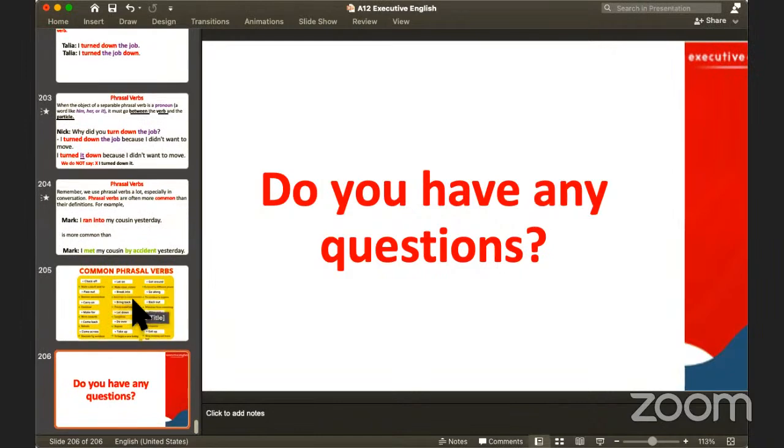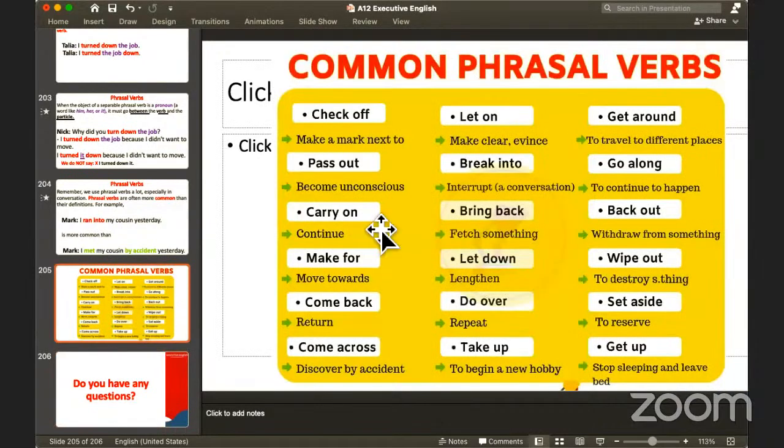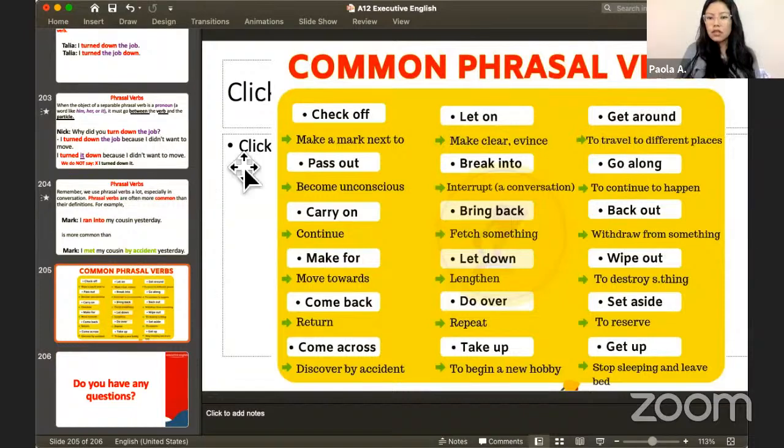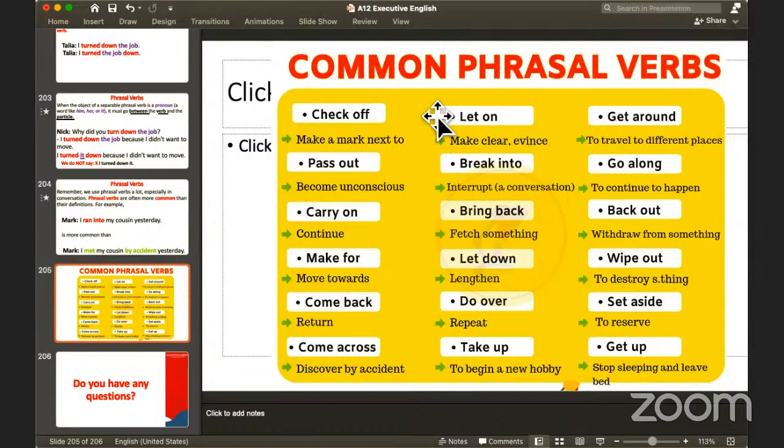Okay. Yes. What is the meaning of the verbs? Yes. What does back up mean? Back off. Is it here? Yes, in the third.